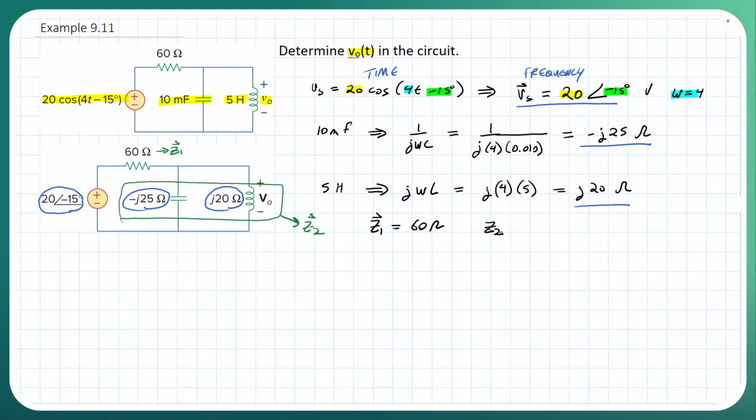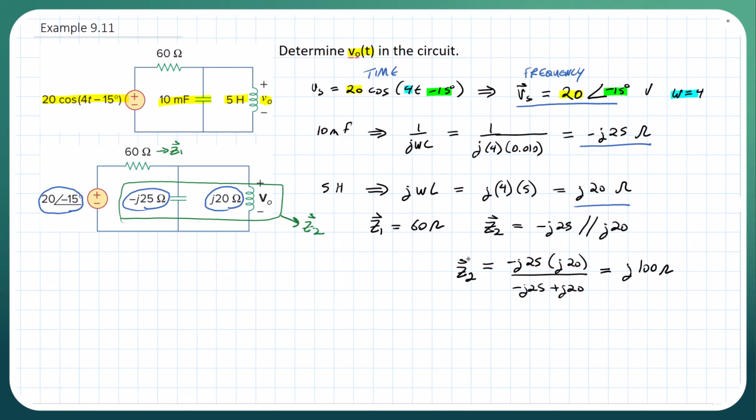Z2 is going to be minus j25 in parallel with j20, which if we rewrite it, is minus j25 times j20 over minus j25 plus j20. We do the math there, it's going to give us j100 ohms. So now we have Z1 and Z2.